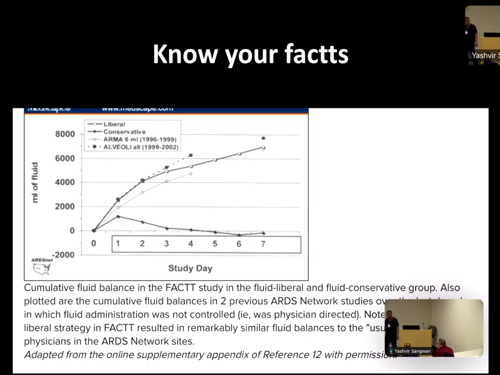I'll give you more examples. I make up a study. 5 ml tidal volume is better than 7 ml tidal volume. And the conclusion is that the people in the 5 ml tidal volume arm did better. But then you go to the supplementary data and you realize that the 5 ml arm never really reached 5 cc per kg. They were at 7.